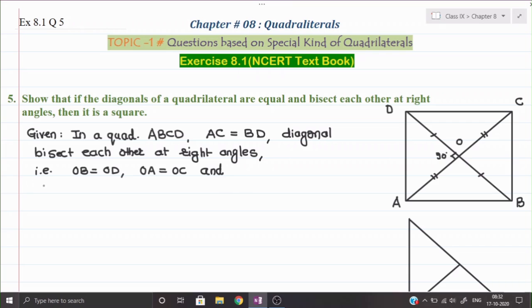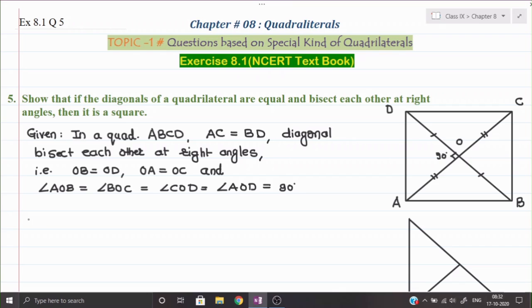So we can write that as angle AOB is equal to angle BOC is equal to angle COD is equal to angle AOD. All four angles will be equal to 90 degrees each.